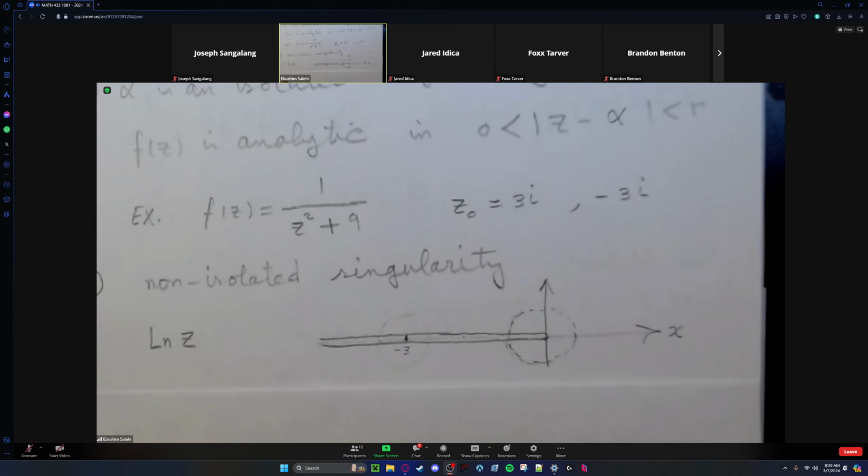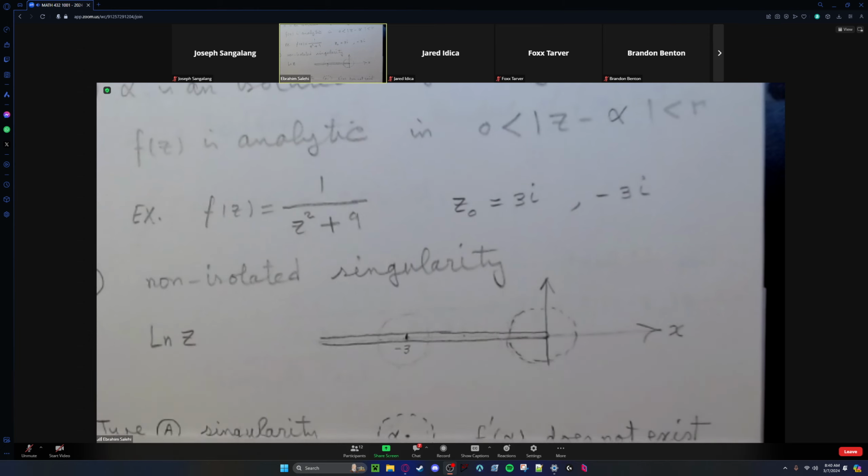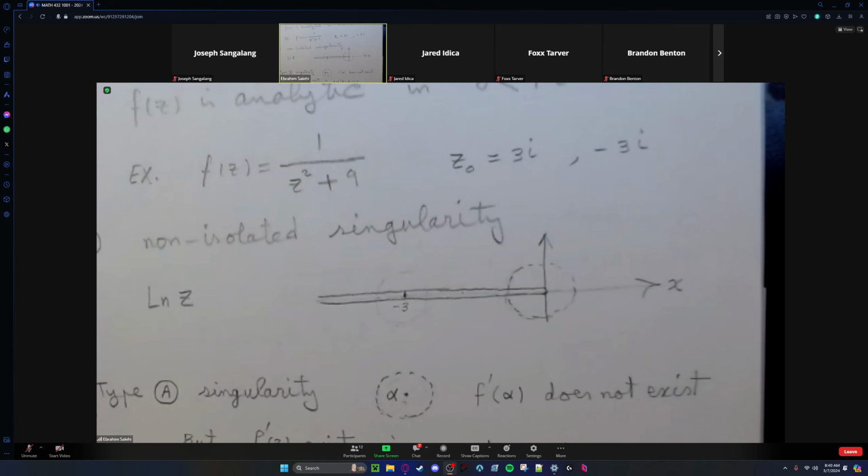So we cannot isolate and say the function only doesn't have derivative at negative 3. No. No matter how small the disk you choose, still there are infinitely many points at which log of z doesn't have derivative, okay? Those are called non-isolated singularities. In this course, we are not going to deal with non-isolated singularities, only isolated singularities, all right?